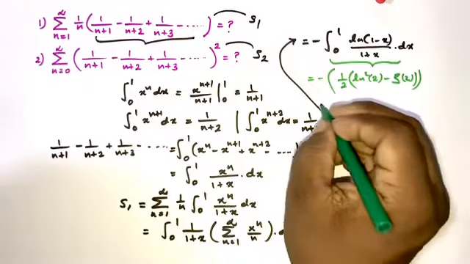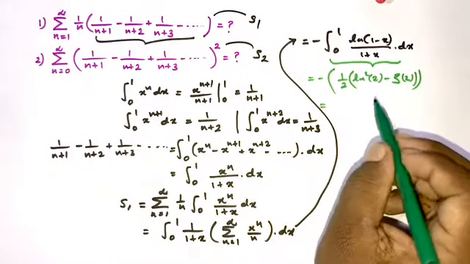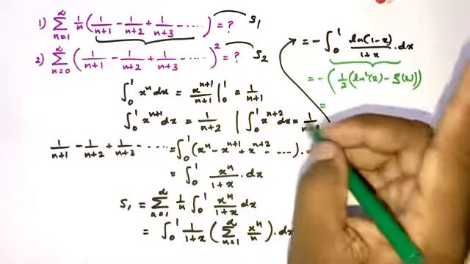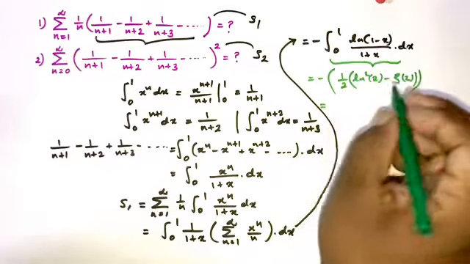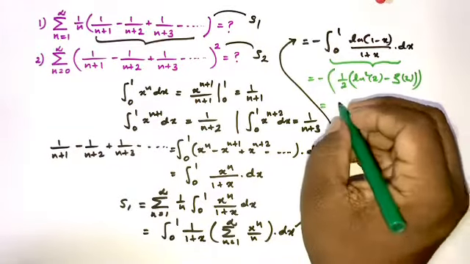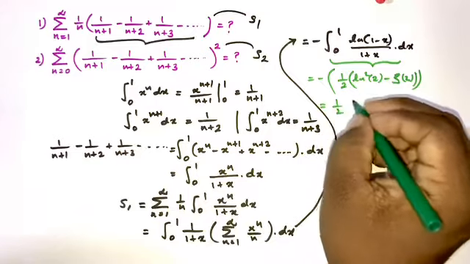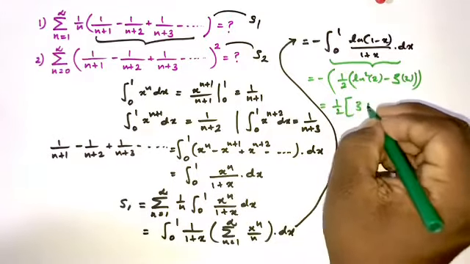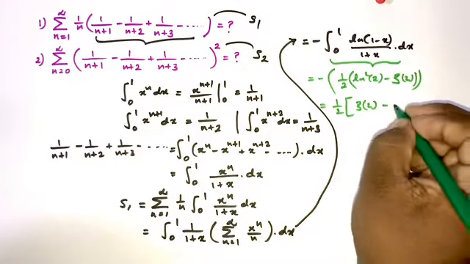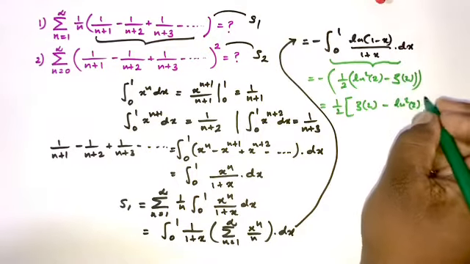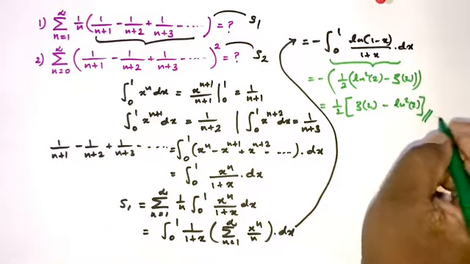If you would like to watch that video, I will add the link in the description and also make a card. So now we should multiply by the minus sign. So we have 1/2 times theta of 2 minus natural log square of 2. This is the answer.